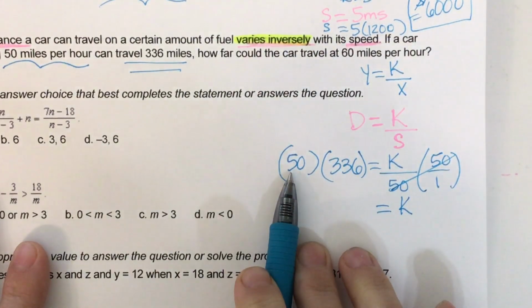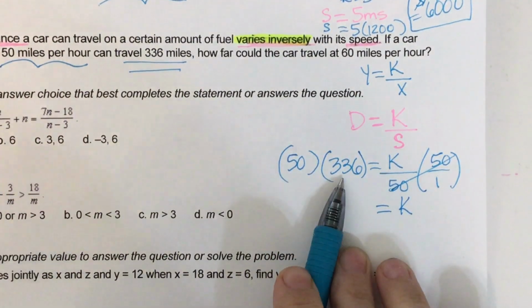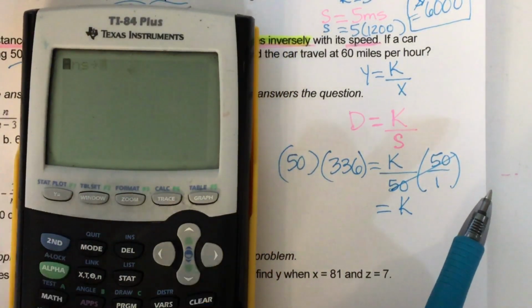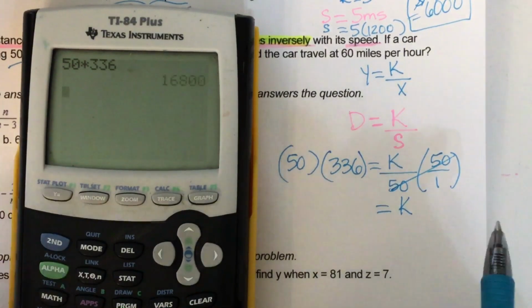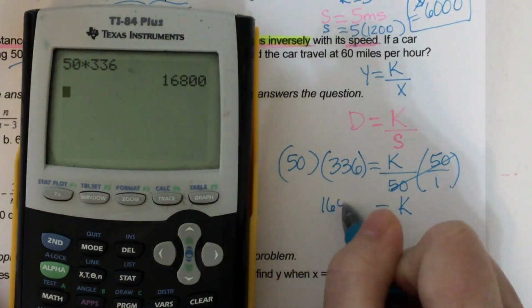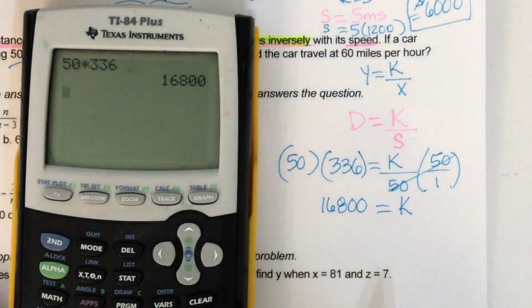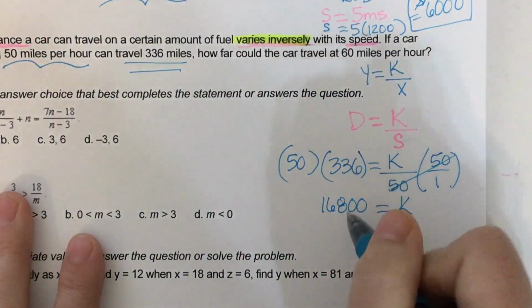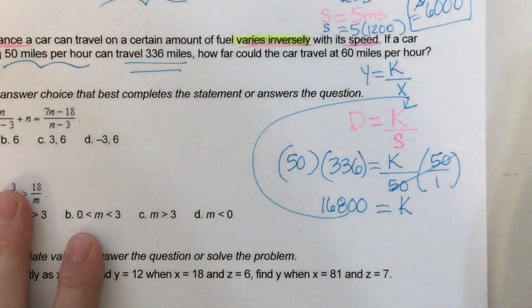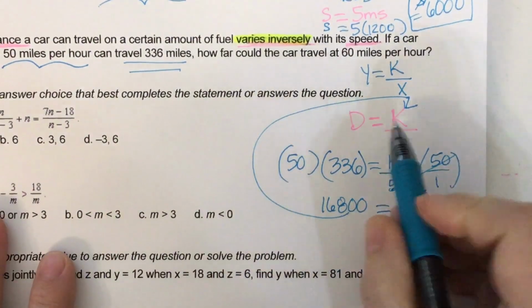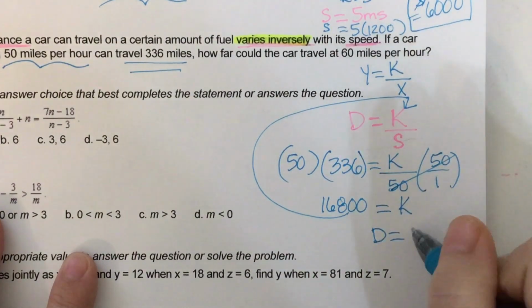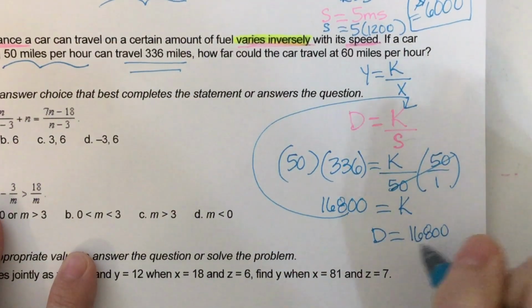And 50 times 336, let's see. 50 times 336 makes 16,800. Okay, so now I have my k. So now I can put this k into the k. So instead of d equals k over s, it's going to be d equals 16,800 over s.